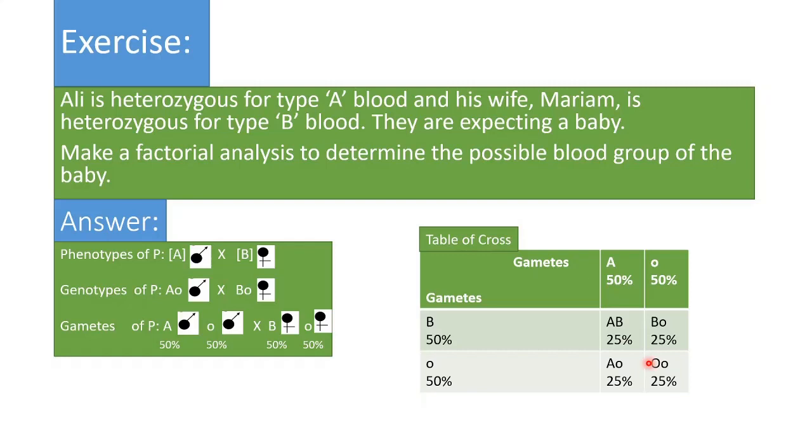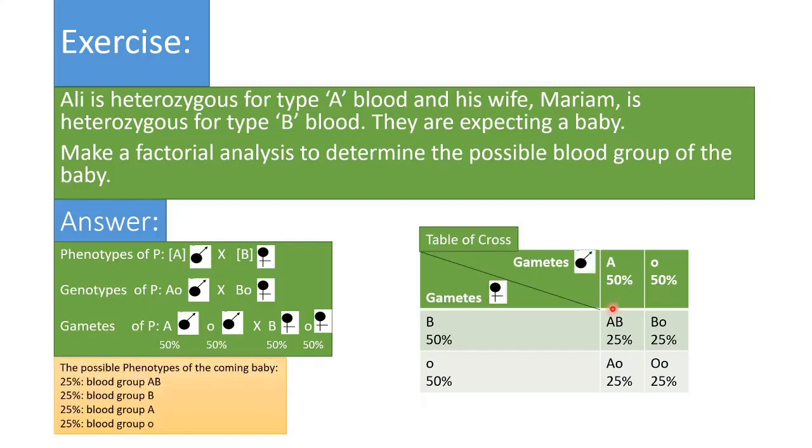And you notice that A and B are capitalized because both of them are dominant over O and both of them are codominant with respect to each other. So what are the possible phenotypes of the baby which is going to be born? The possible phenotypes of the coming baby are going to be 25% blood group AB, 25% blood group B, 25% blood group A, and 25% blood group O.